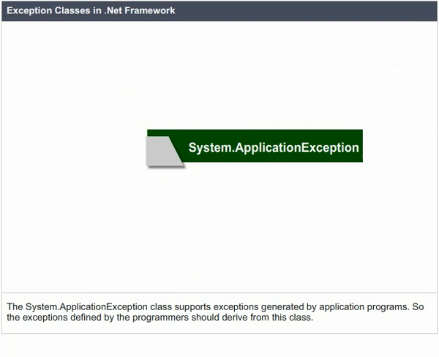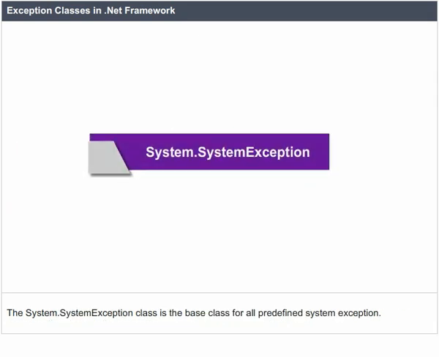The System.ApplicationException class supports exceptions generated by application programs, so the exceptions defined by the programmers should derive from this class. The System.SystemException class is the base class for all predefined system exceptions.